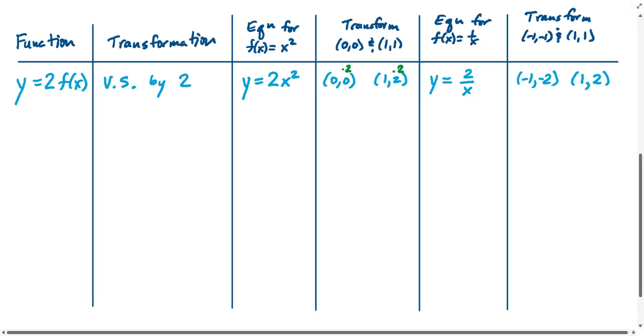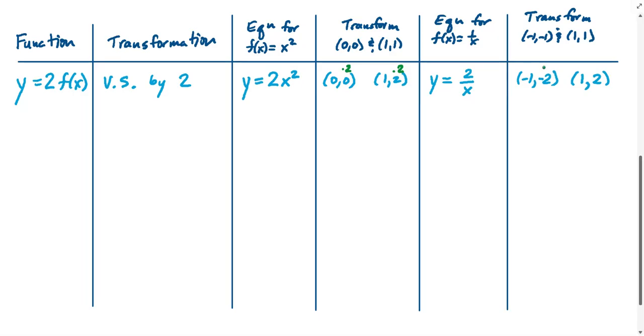So this is what would happen when we have a vertical stretch by a factor of 2. And we could take a look at other equations, other parent functions, and we would have a similar effect. y equals 2 times f of x is a vertical stretch by a factor of 2, no matter what f of x happens to be. Let's take another one. Let's suppose now instead of a 2, we have a k. y equals k f of x.